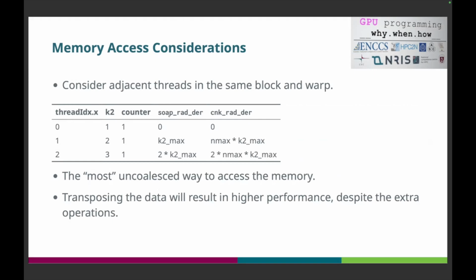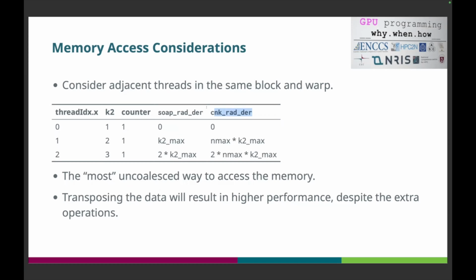This variable sobrad accesses, let's say, the first element of the array, but then the thread in the same warp with the index plus 1 will access something that is far away by, well, I made a mistake here, it's actually nsop, but anyway, it's far away. And then we also have this other variable, in the same way: if we parallelize over the K2, again the accesses will be quite far apart for threads in the same warp. So this will be very slow.